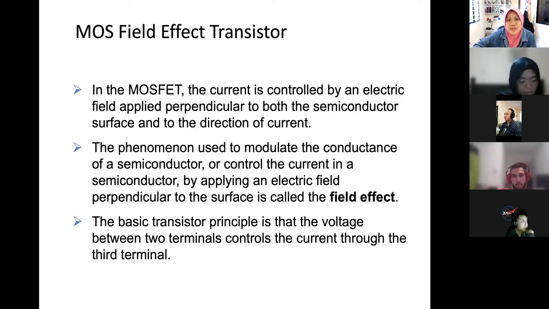BJT, bipolar junction transistor: junction is a PN junction, and bipolar means using two different types of free carrier for the current inside the BJT. In MOSFET, it is easier in the sense that only one type of carrier contributes to the current. How does it work? We'll go through after this.